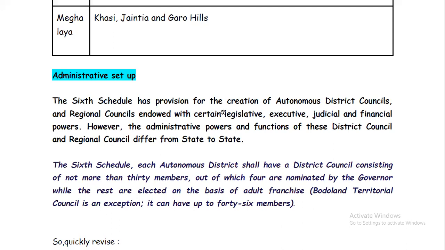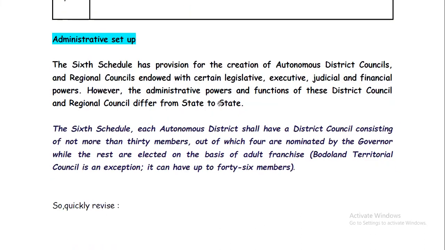The sixth schedule has a provision for the creation of autonomous district councils and regional councils with certain legislative, executive, judicial, and financial powers. However, the administrative powers and functions of these district councils and regional councils differ from state to state.